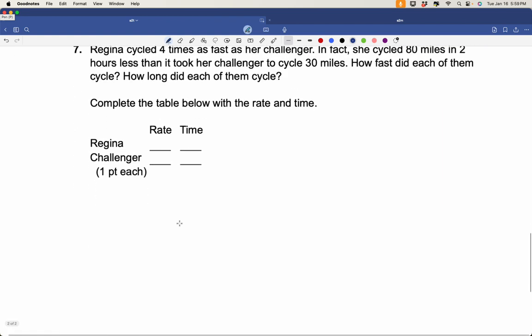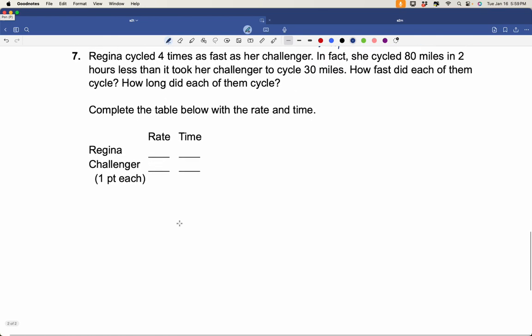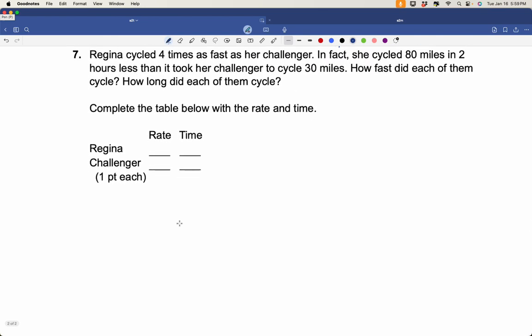So let's look at one more. Last one, and we have plenty of room down here, so I think I might just spread it all out. Regina cycled 4 times as fast as her challenger. So Regina's rate is equal to 4 times the rate of her challenger. She's fast.